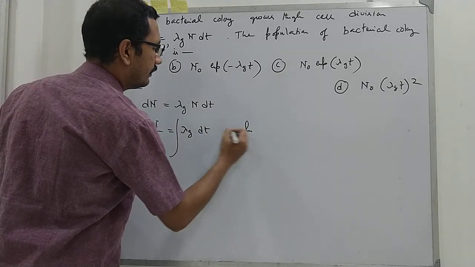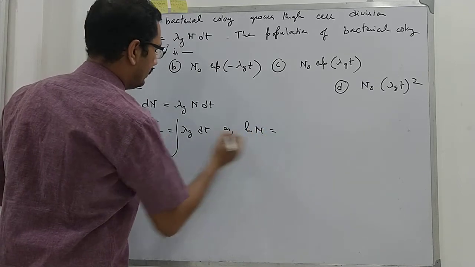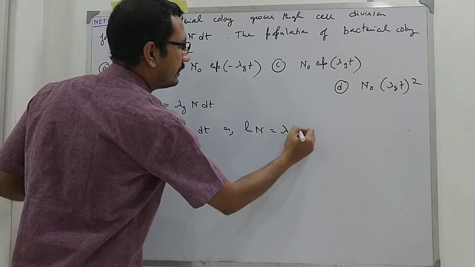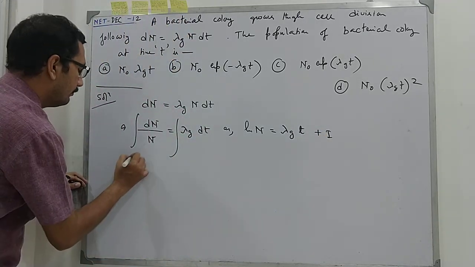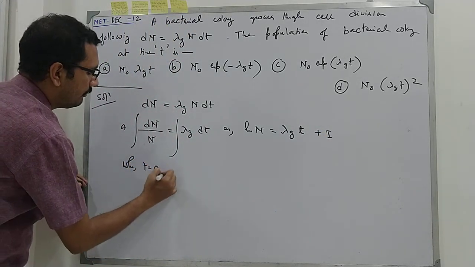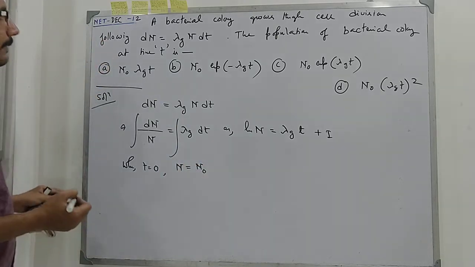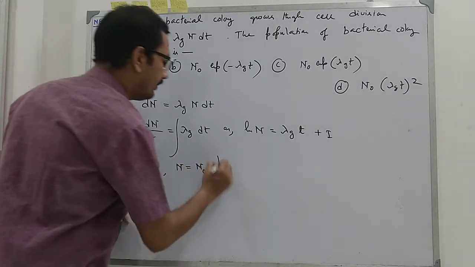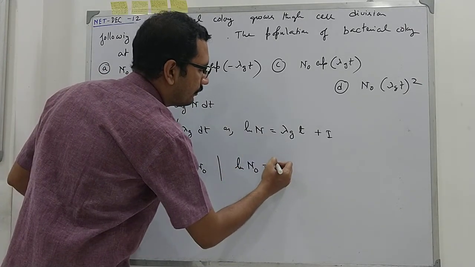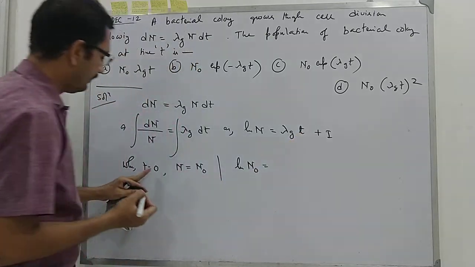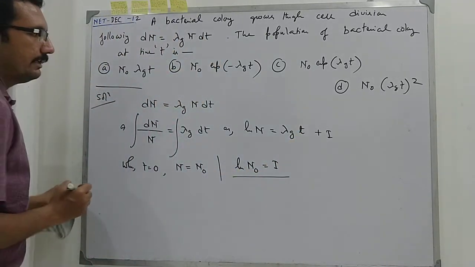So we have ln N, and this comes out as a constant, so it is lambda g t plus the integration constant. Now when t equals 0, the number of bacteria is N0. So we put that in and we have the value of the integration constant.